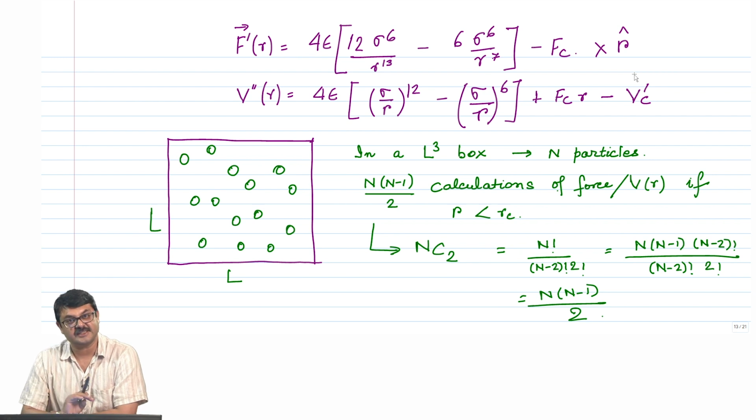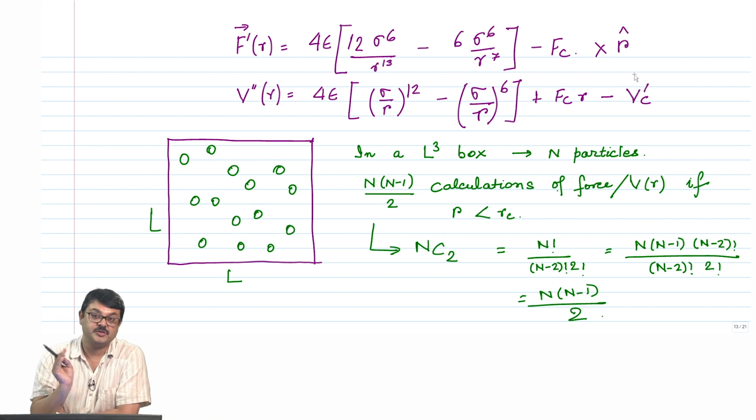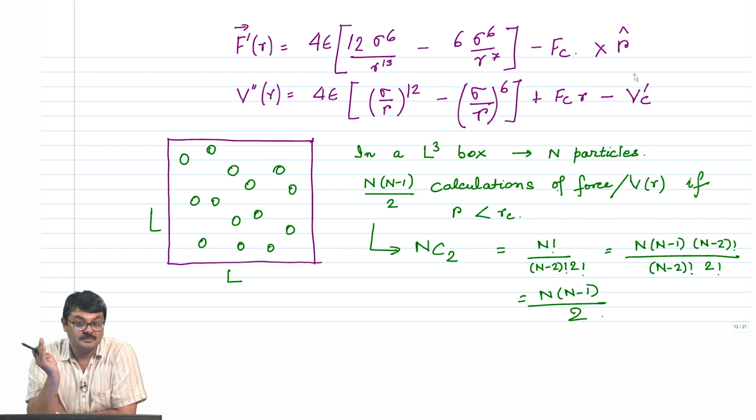It has been checked that that does not change the physics behavior much. But of course, if you choose R C equal to say 2 or 1.5, we have changed the potential drastically. We would have modified the depth of the potential, and it will give you different physics. But if you choose R C to be 3 sigma, you practically are working with as good as the original Lennard-Jones system.